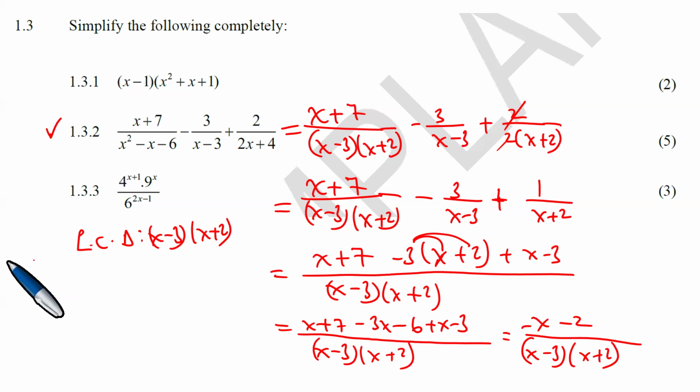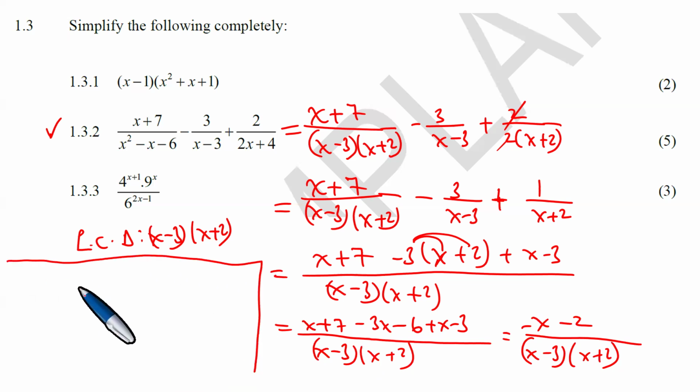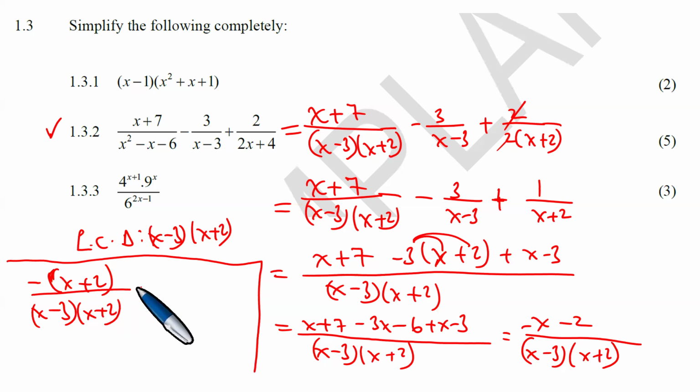Upon careful examination, we factor out negative from the numerator, giving us minus x minus 2... and in the denominator we have x minus 3, x plus 2. Now, these questions you need to do on your own when you watch the video again.